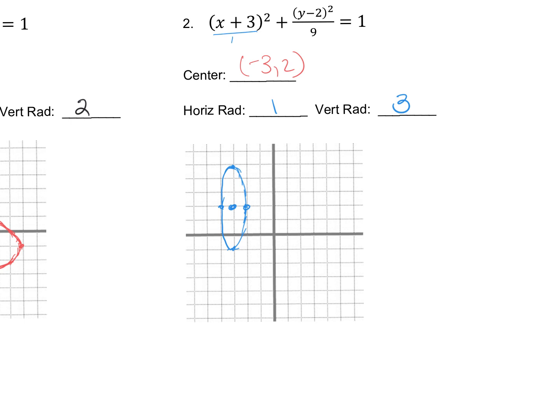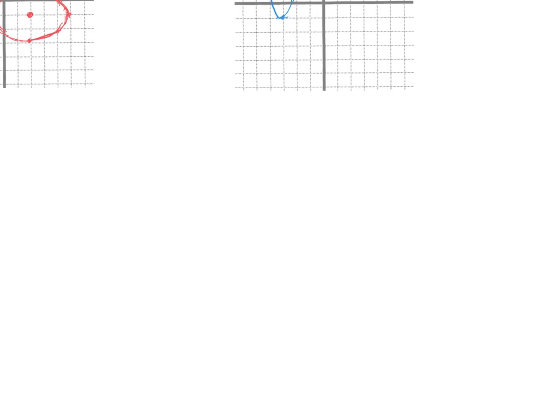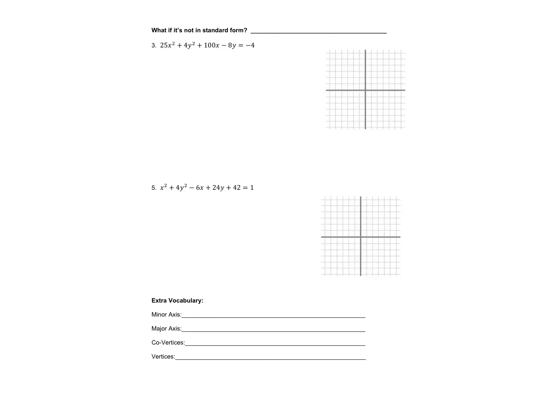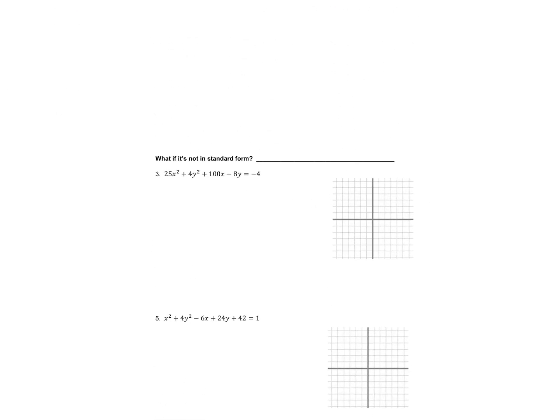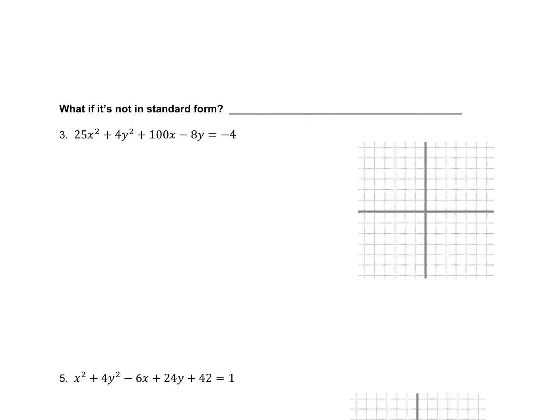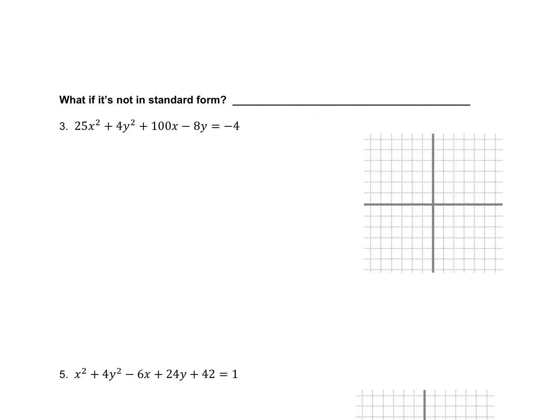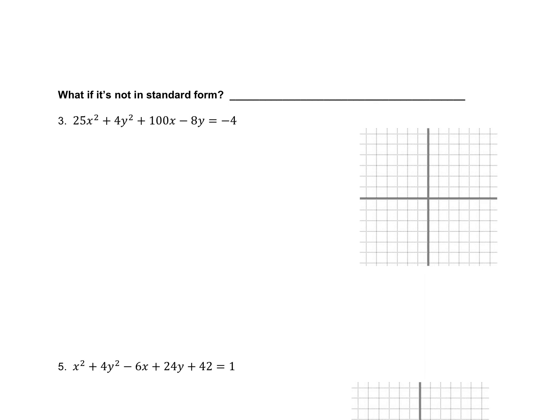Now, of course, the next question would be, what if you don't have a standard form? Same thing, right? If it's not in standard form, we will do what we've been doing every time: complete the square. Okay? So kind of like we did with the circle, you're going to complete the square on x and y.